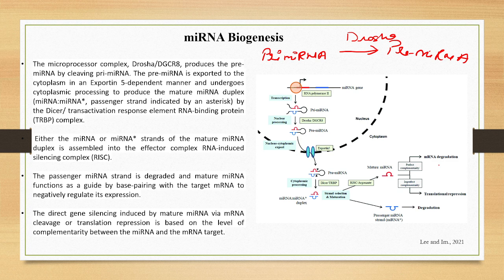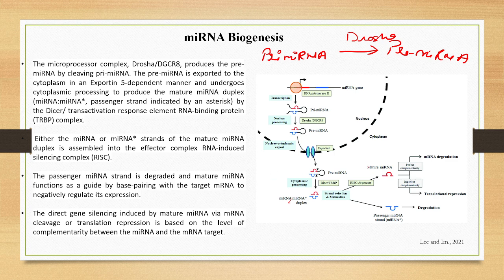One important thing is that this pre-miRNA, after processing by Dicer, forms two different strands. You can see here, the pre-miRNA is exported to the cytoplasm and undergoes cytoplasmic processing to produce the mature miRNA duplex. So one is your normal strand, one is your passenger strand. The asterisk represents the passenger strand.